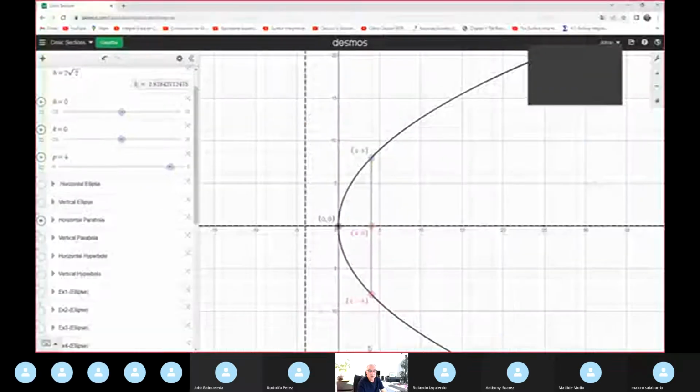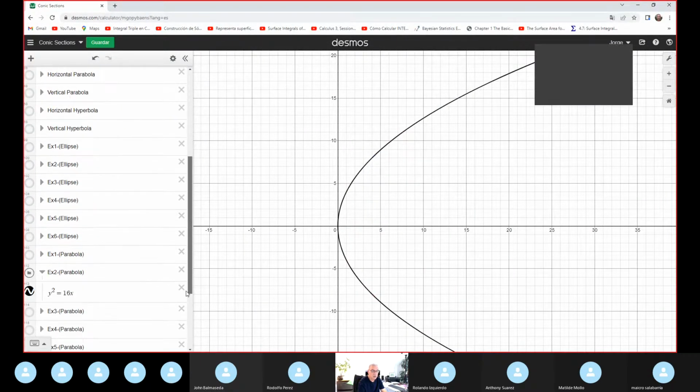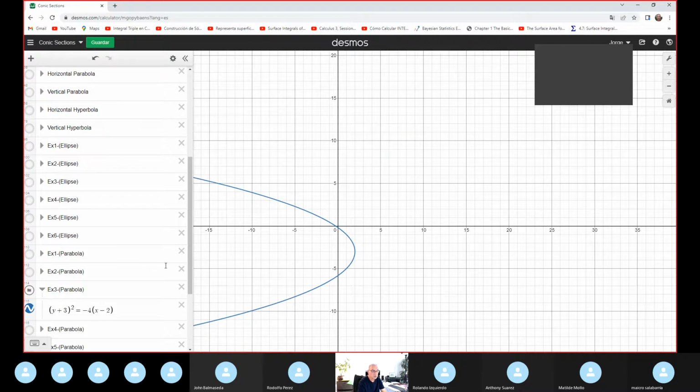Okay, entonces now this is example number 3. Look at the equation: y plus 3 squared equals minus 4 times x minus 2. In this case, b is negative 1.